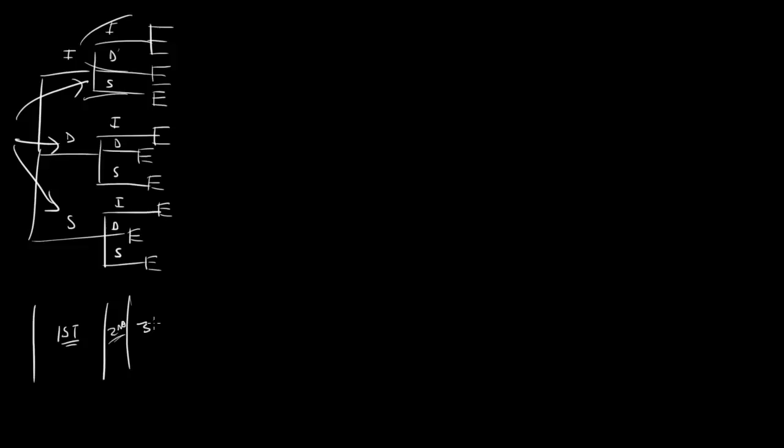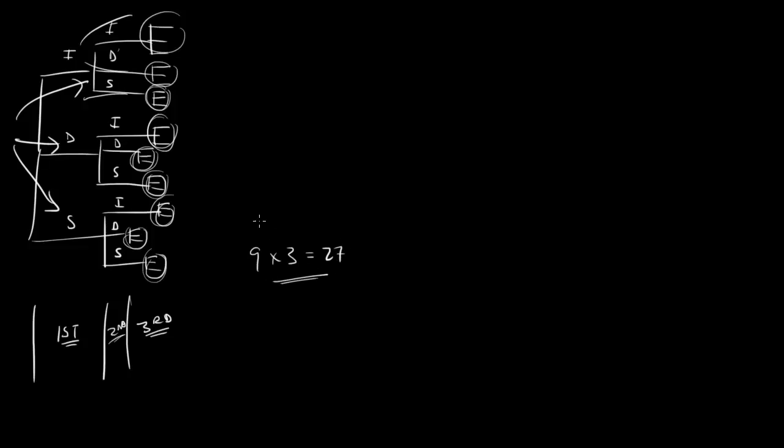So my third stock is decided by these smaller branches here. There will be 9 of these, each with 3 parts. So 9 times 3 is 27. There are 27 unique pathways through this tree.